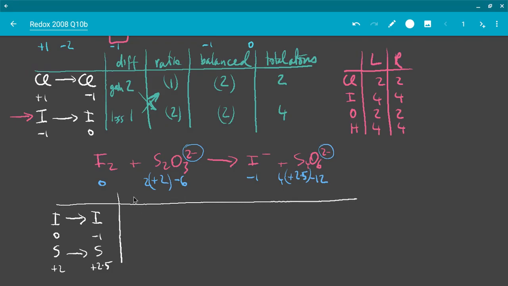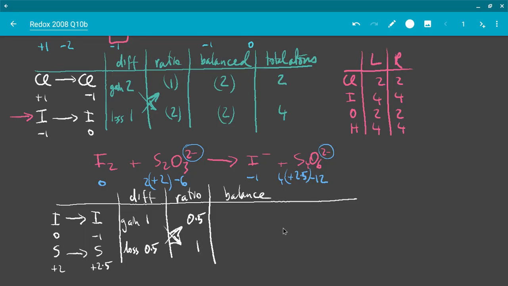Just for each atom, count what each atom is doing. And again, I'll have a column for difference, a column for ratio, and a column for balance. So the difference is we've got a gain of 1 and a loss of 0.5. So 0.5 and 1.